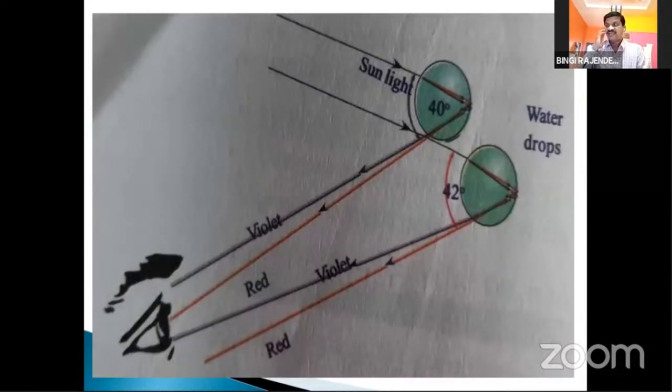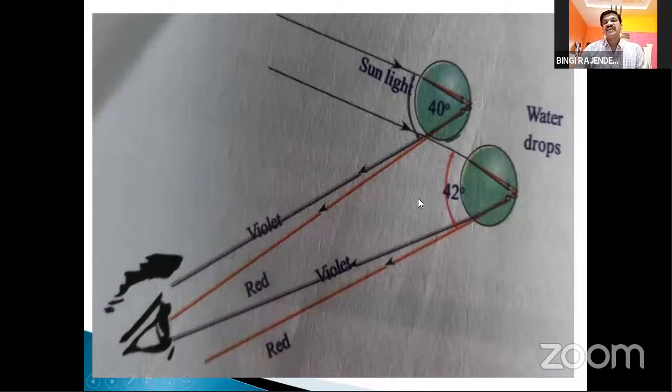Now we can see figure 13. Here sunlight is incident and enters into the water droplet. It works like a prism, and the white light ray disperses into 7 colors.